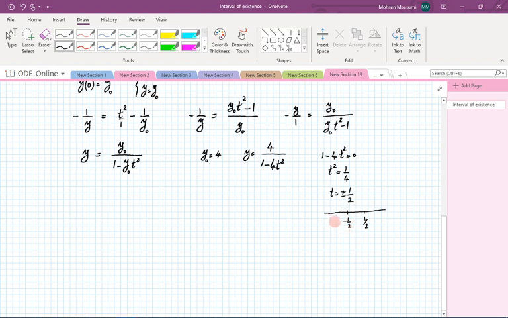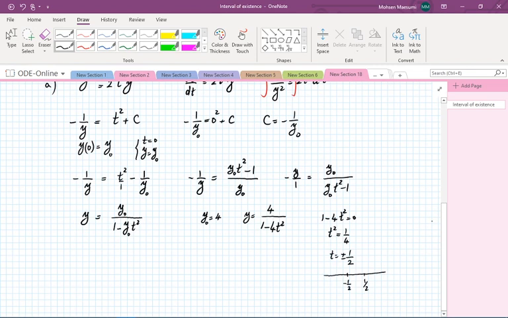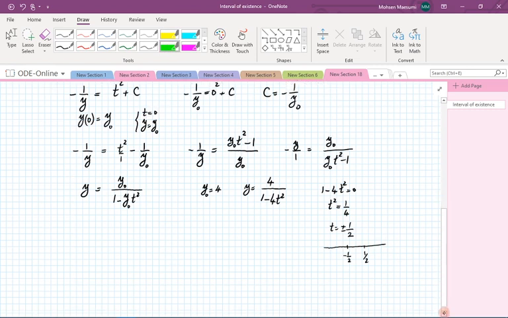Which one of these regions do I want? This one, or this one, or that one? So one of the 3 is going to be picked. In pre-calculus, all 3 of them are fair game. Here, the picking is going to happen according to where your original initial condition is. If your initial condition is at t0, then that interval is going to be picked.